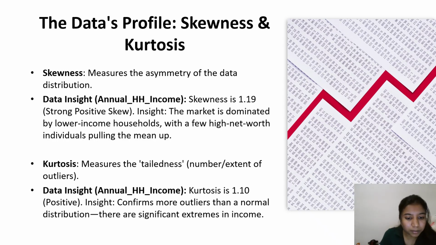In simple terms, most people are on the lower income end and the mean is being pulled up by a few very high earners. Kurtosis is 1.10, which measures the tailedness, like how fat or thin the tails are. Positive kurtosis means more outliers than the normal distribution. So that's confirming our strong positive skew.